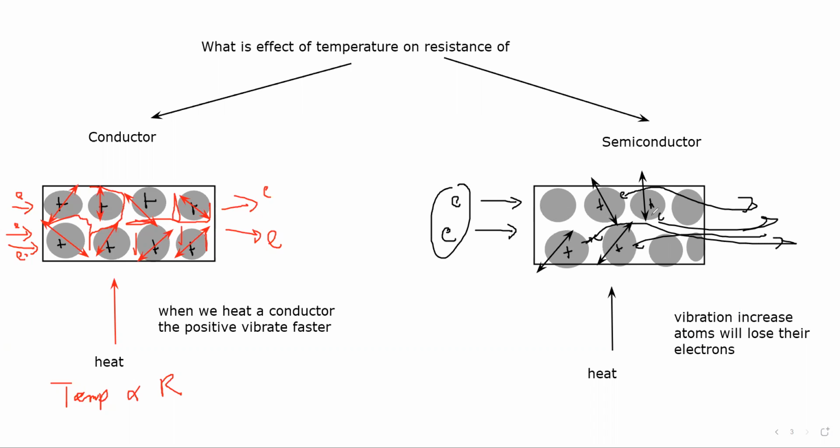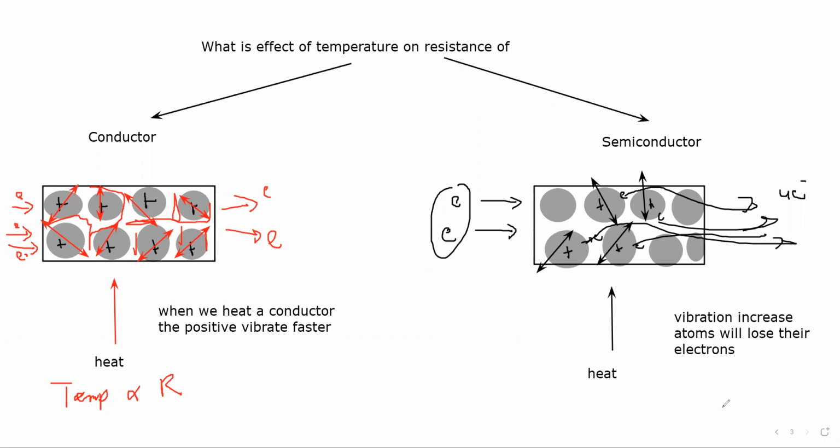So what happened to resistance here? 2 electrons are trying to enter, but 4 electrons are going out. What happened to the resistance? So resistance decreases because more electrons are able to go out. Only 2 electrons are entering, but 4 electrons are going out. And why 4 electrons?